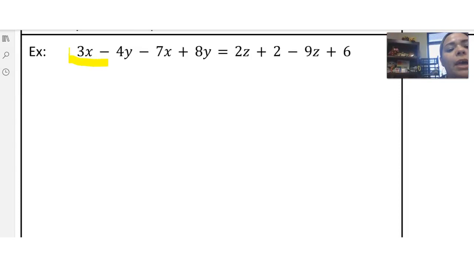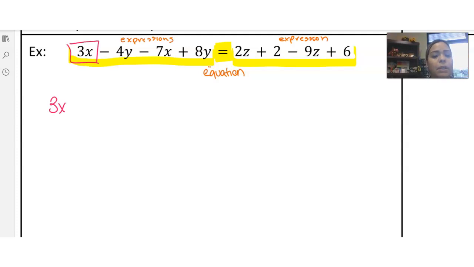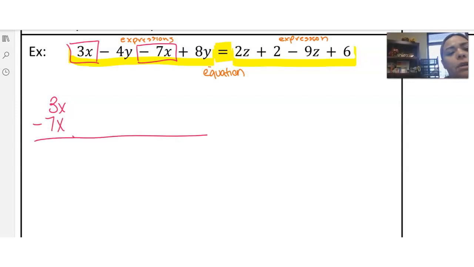Now notice how we have an expression on this side and an expression on this side of this equal sign. Together it is an equation, but separately they are expressions. If we look at the expression on the left side, what is a term that has the same variable? We've got negative 7x, which also has an x, so we're going to be able to combine those two together.